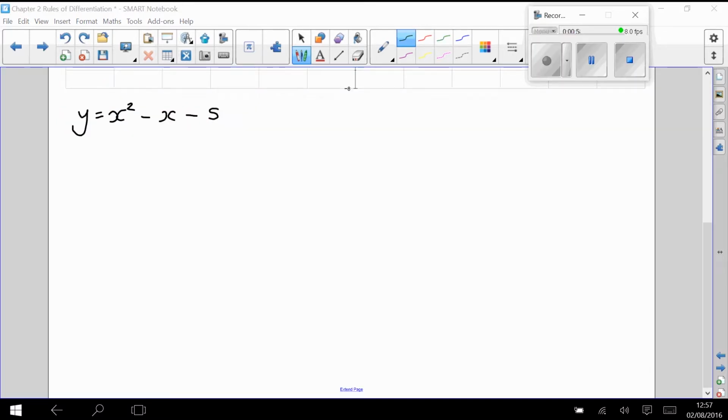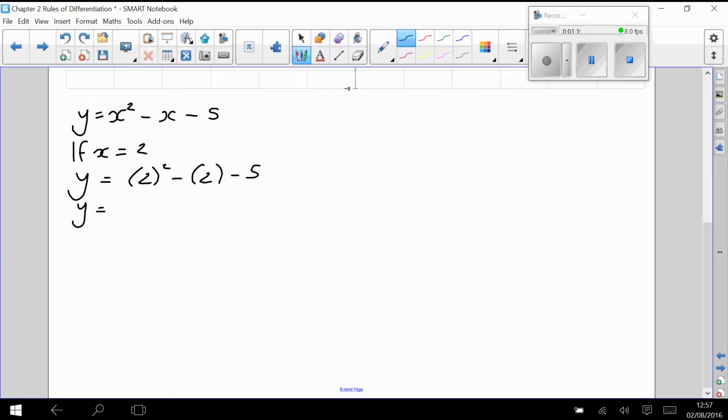What I'm going to do is check what would have happened when x was 2. If x was 2, then y is going to be equal to 2 squared minus 2 minus 5. You can see very easily that that is going to come to a negative number, which is minus 3.